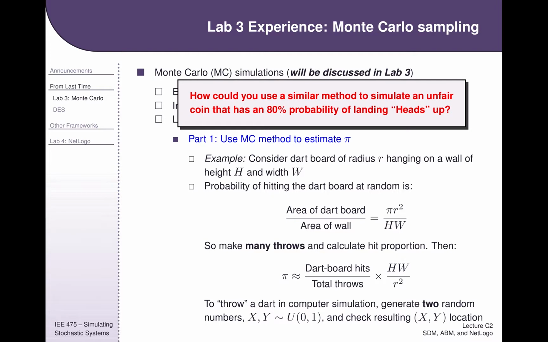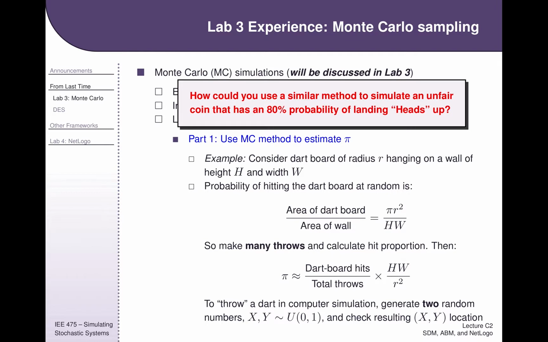That's effectively what we do when we need to draw a single random number that comes up 80% 1 and 20% 0: we draw a random number between 0 and 1, and then we ask if that random number is less than 0.8. If it's less than 0.8, then we call it a 1, and that 1 will happen 80% of the time, because a random number drawn between 0 and 1 will be less than 0.8 80% of the time.